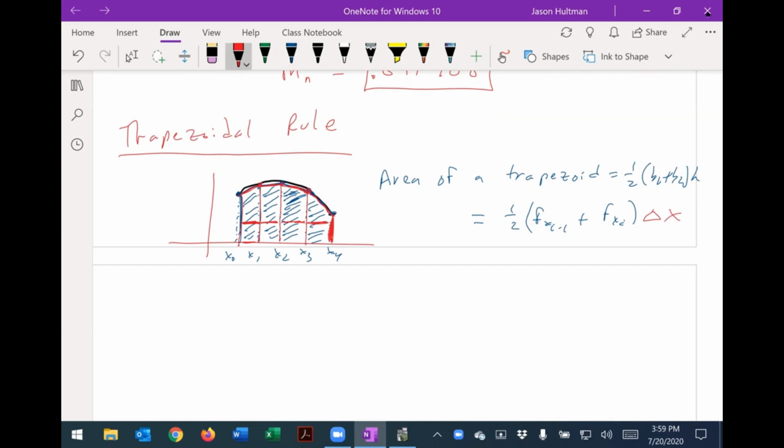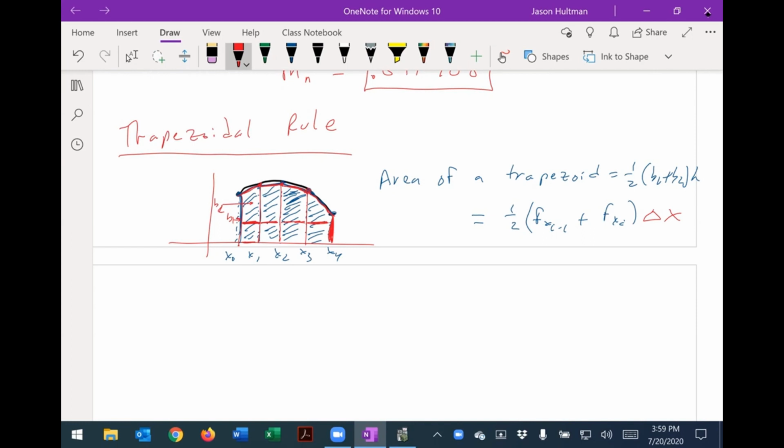Think of this as base 1, and then think of this guy as base 2, right? Base 1 and base 2, and that's going to be the height of my function, on my 2 bases.